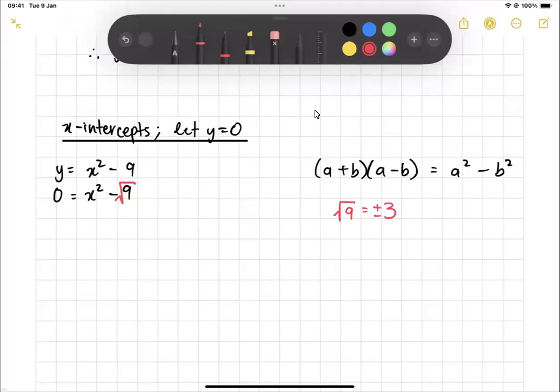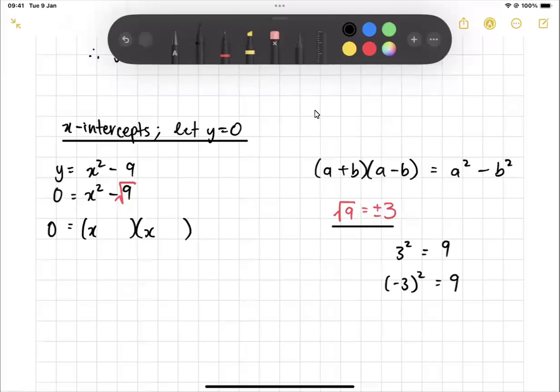So that works. So 0 equals two brackets. x needs to be in each bracket. I know that square root 9 equals plus minus 3. The reason why it's plus minus 3 is because positive 3 squared gives me 9, but also negative 3 whole squared gives me positive 9 as well.